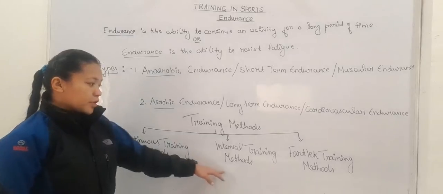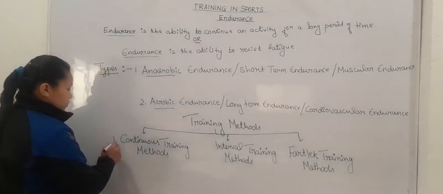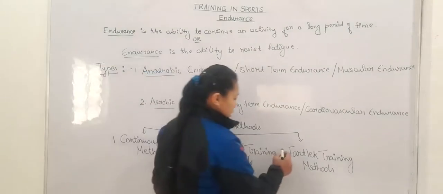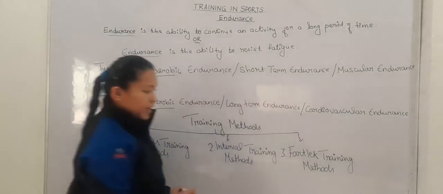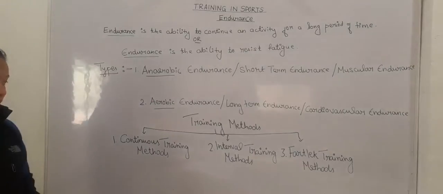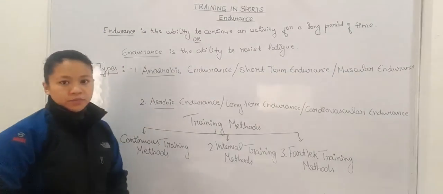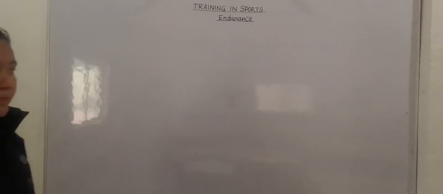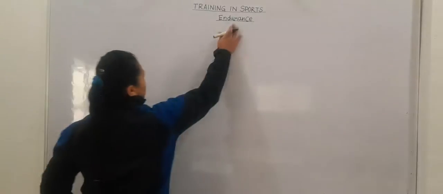There are three training methods through which we can improve our endurance: continuous training methods, interval training methods, and fartlek training methods. Let's discuss one by one. Training methods to develop endurance.